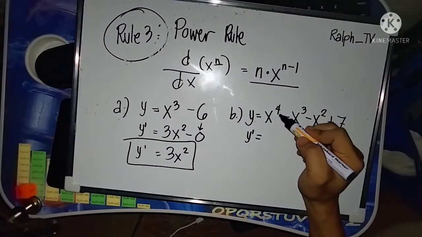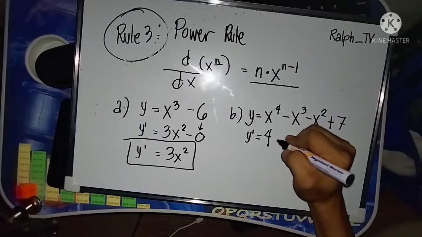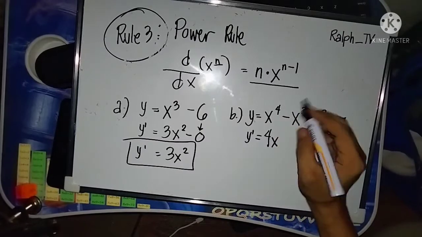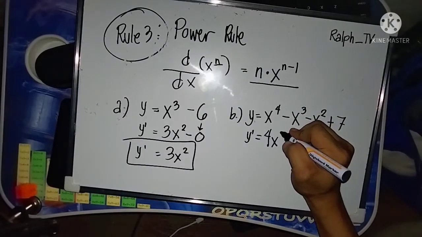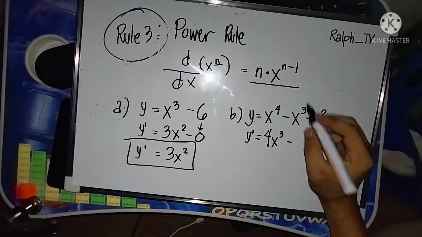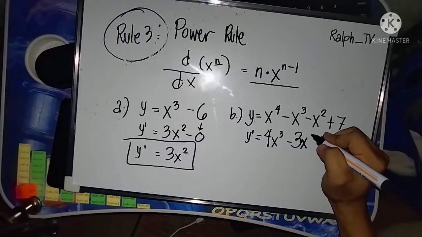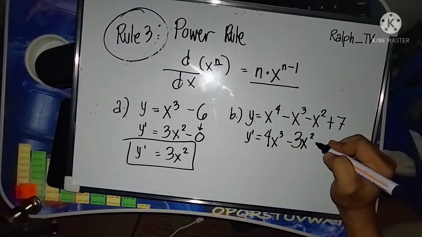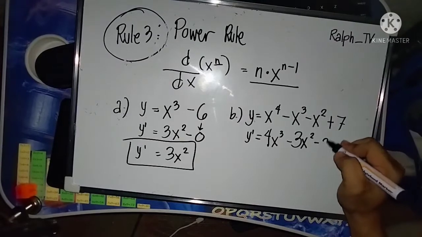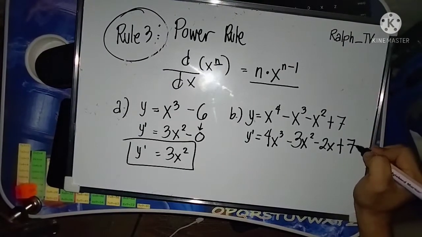So, itong 4, bababa natin, 4x, 4 minus 1, magiging 3 cube, minus, baba natin yung 3, x minus 1, magiging 2, tapos, minus, bababa natin yung 2 dito, so magiging 2x plus 7.